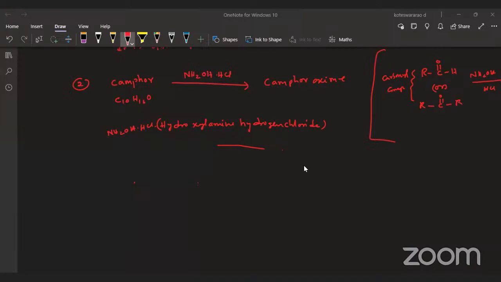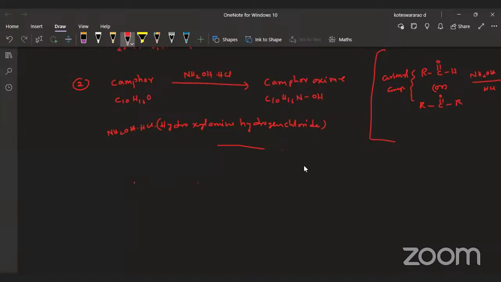The formation of ketoxime. What is the molecular formula? This ketoxime exists from a ketone or any carbonyl compound. Then the camphor oxime is generated, that is C10H16NOH. Actually there is no extra H here, simply OH. In the place of oxygen, NOH will be replaced.